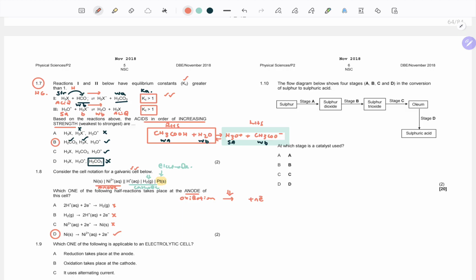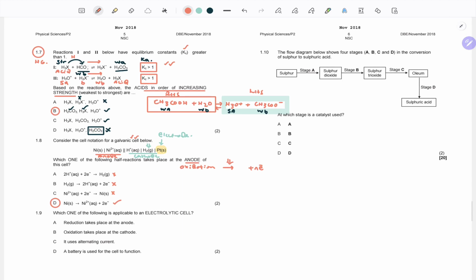Again, this is essentially a standard grade question. It just says one needs to know how to read these things properly. If not quite sure what to do here, consult the standard reduction potentials. That table will tell us the position of the hydrogen ion to hydrogen gas is higher than the nickel one. And we know that the one that occurs below is a stronger reducing agent than the one that is higher, which is more likely to be an oxidizing agent.